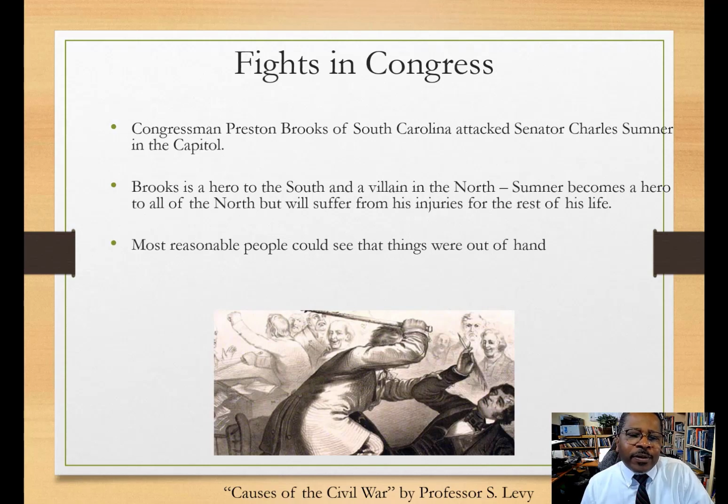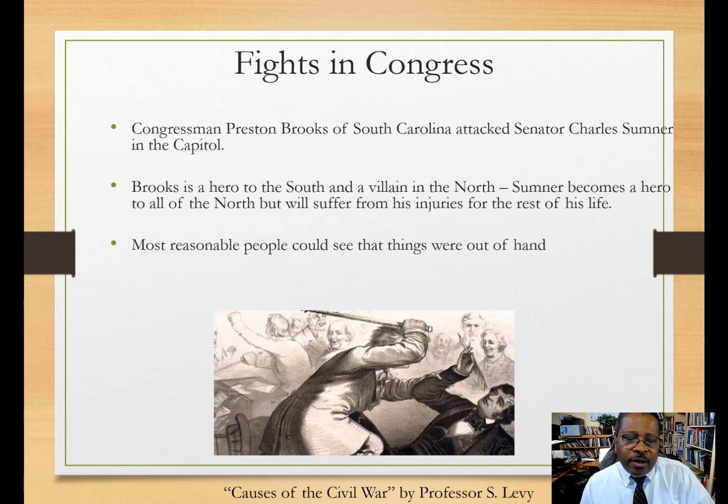He was in the hospital, never fully recovered from his wounds. And he beat him for giving a speech in which he criticized slavery. So this just shows you how bad things got in Congress. I mean, if you think congressmen and senators and Democrats and Republicans are always fighting now, they were literally fighting in the 1850s.